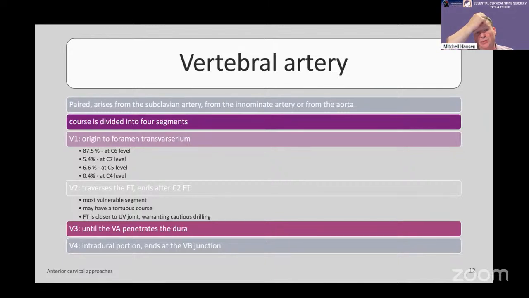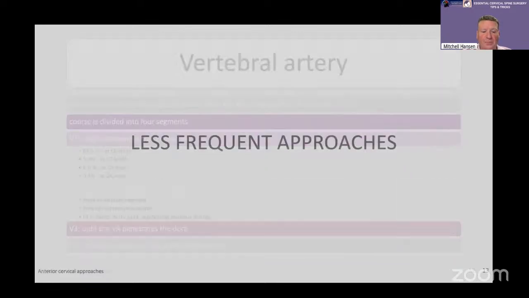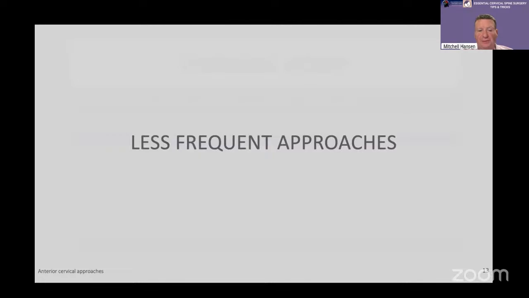So it's important to check your CT, and if you're doing extensive surgery, to have a look at your CT angiogram to see where the vessels are running. I have seen the odd case where a vertebral artery can come in to the disc space in the mid-cervical spine. So it's something to be aware of.